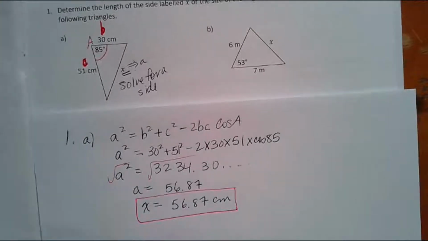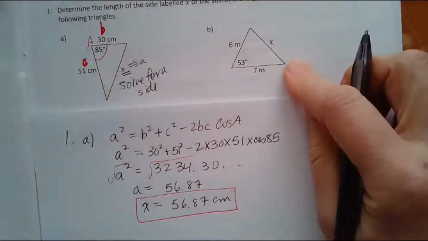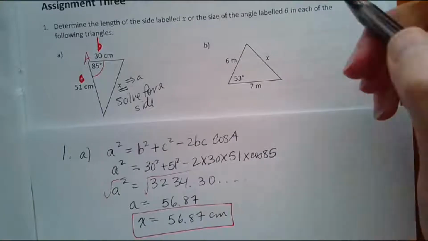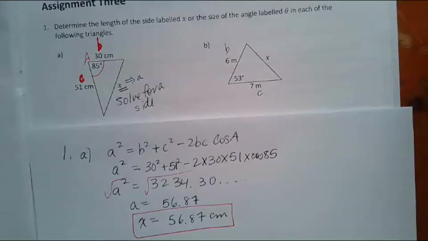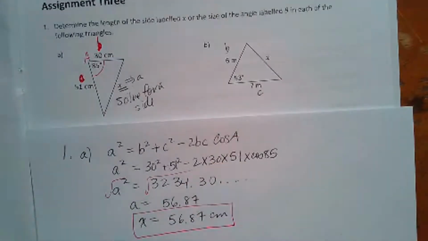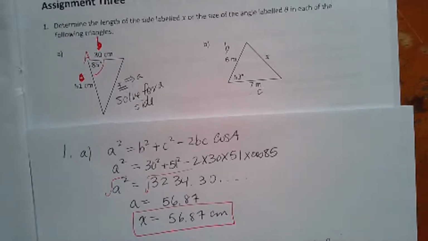Now part B is the same thing, right? Because I've done a few of these, I know these are my two sides. This is my BC, and instead of calling him A, I know he's going to be X. So I'm going to say that X squared equals B squared plus C squared minus 2 times B times C times cos of 53.